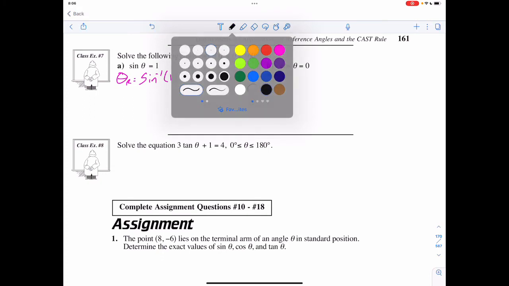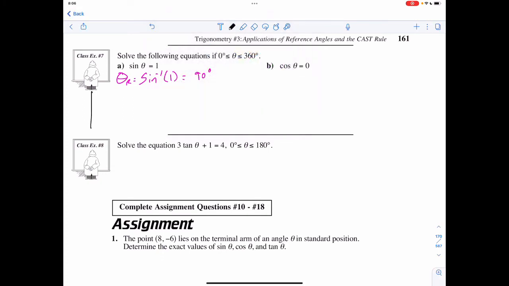Well, what's that going to look like? If sine is positive here and here, then that means that my reference angle would come through here or here.